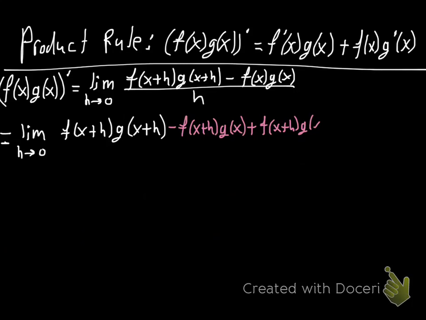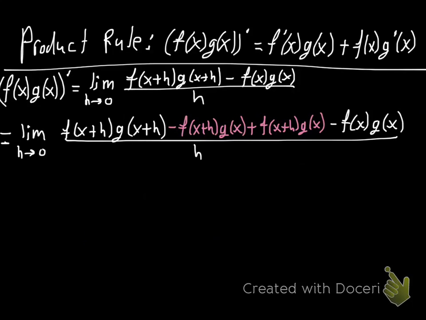And you see, if we combine these, that's going to end up being 0. And then we're going to subtract f of x g of x. So in pink there, that doesn't do anything for us. If we add it back together, it's going to be what was originally here when we were taking the derivative.